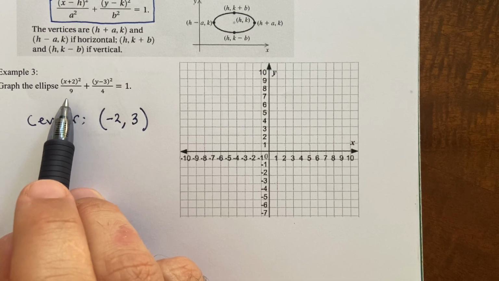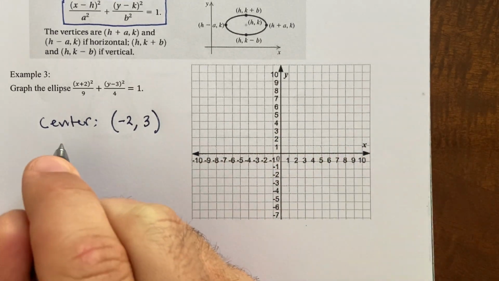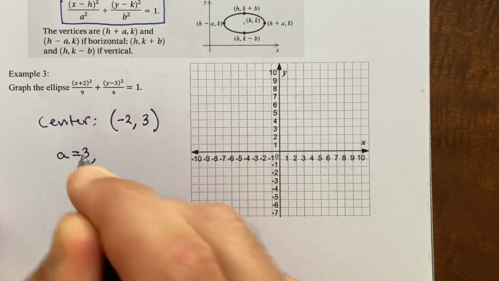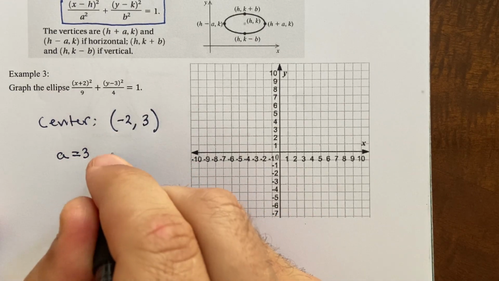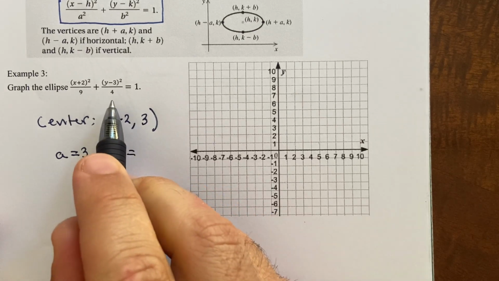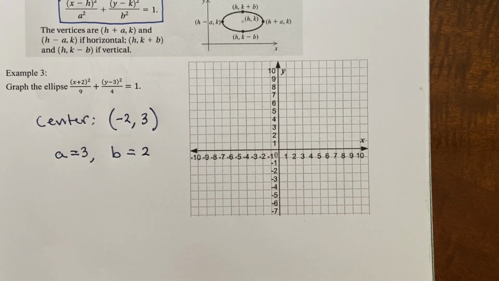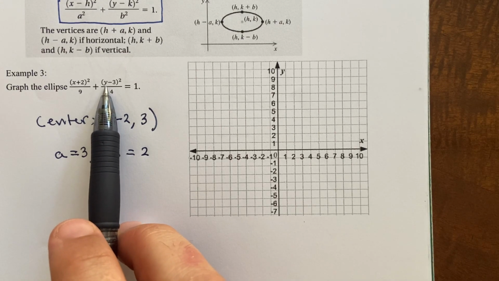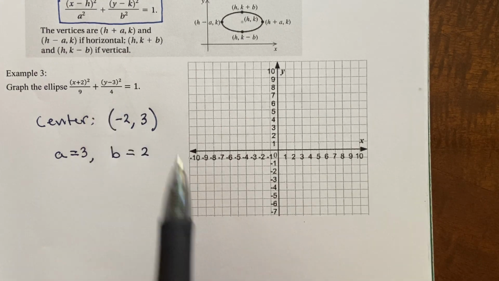Based on the numbers, 9 is the same as 3 squared, so a would be 3. Not 9, but 3. 4 is the same as 2 squared, so that's telling me the vertical information since that is under the y term.